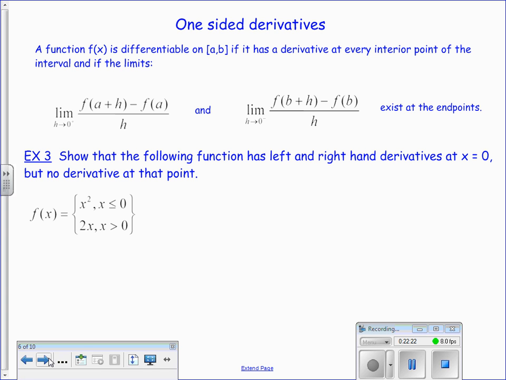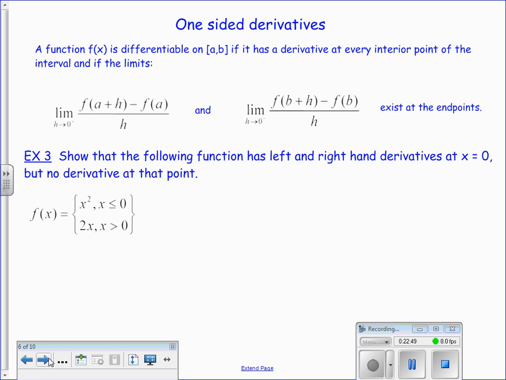You need to do it on the left-hand side and the right-hand side. On the left-hand side, what function am I using? x squared. On the right-hand side of 0, what am I using? 2x. So you need to do what I just did for x squared and for 2x at x equals 0.